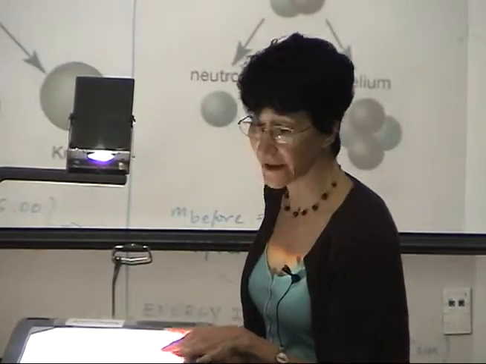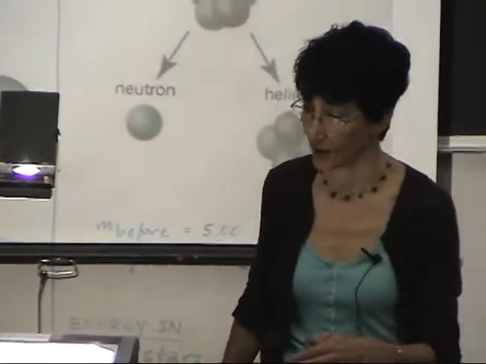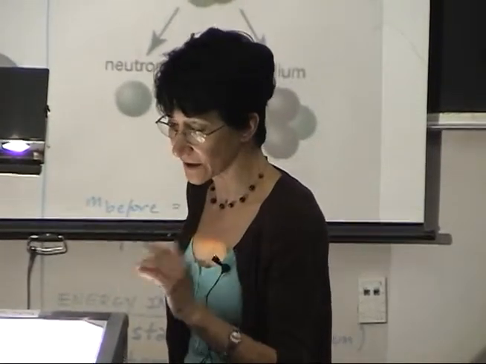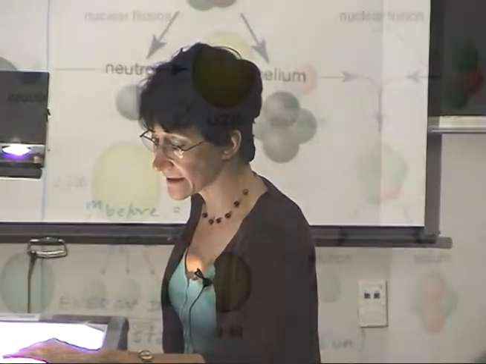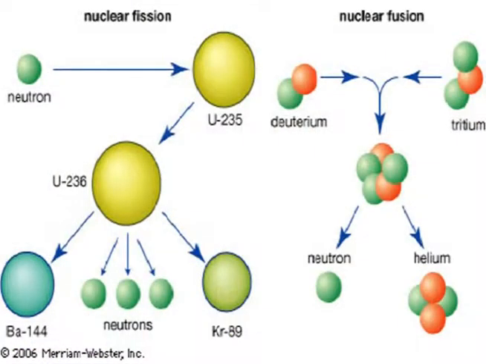There are nuclear reactions in which mass can be converted into energy, namely nuclear reactions in which the final mass is smaller than the initial mass, and the difference in mass multiplied by c squared is released as energy.